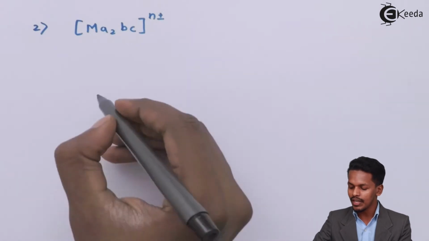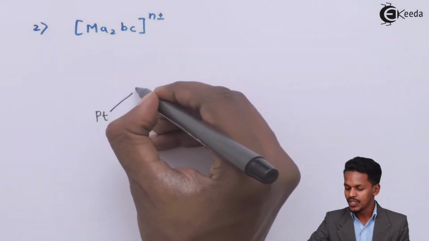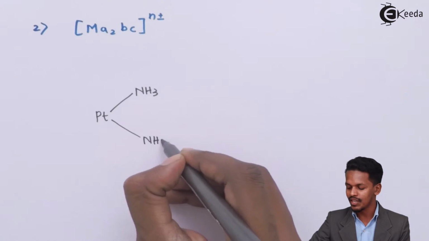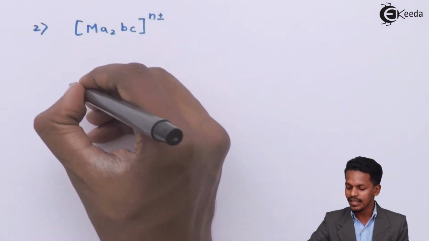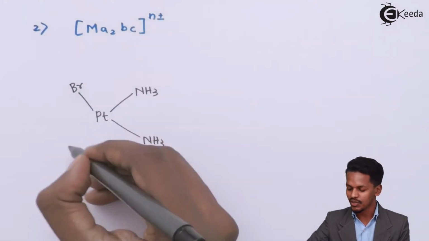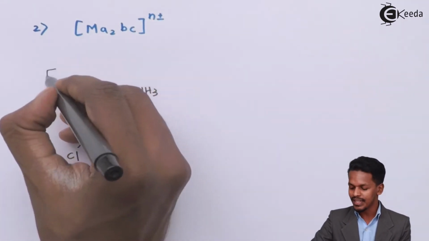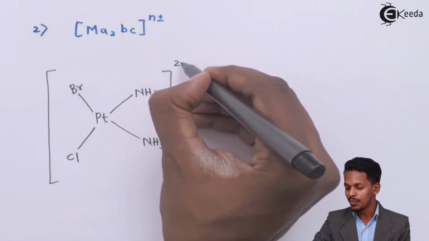Suppose platinum is present as the central metal atom, and there are two molecules of NH3 surrounding the platinum, the B part I am representing here as bromine, and the C part as Cl. So this is the complex we have, and it will acquire a 2+ charge.